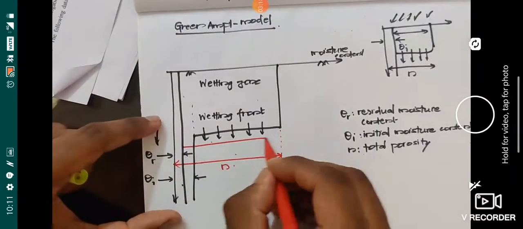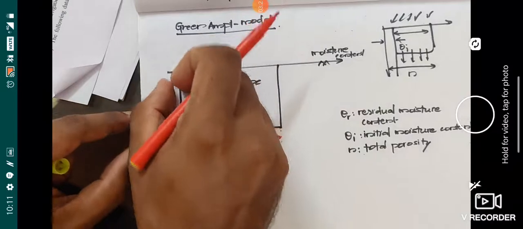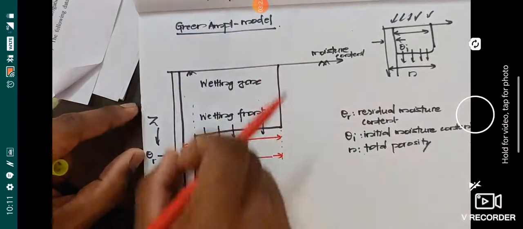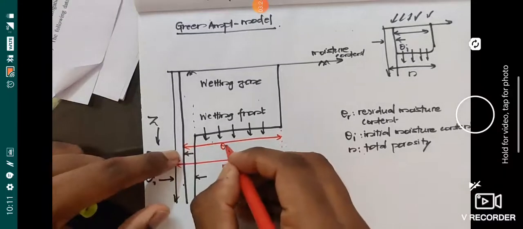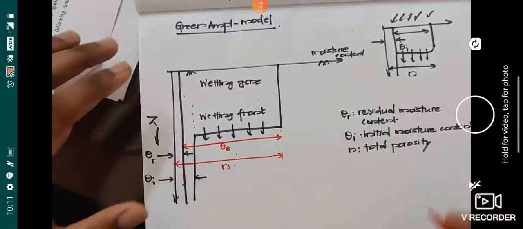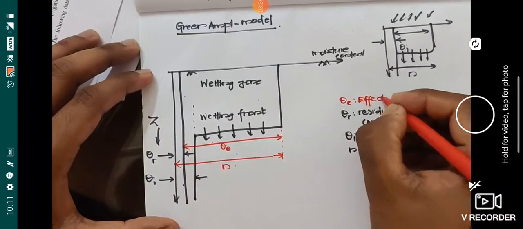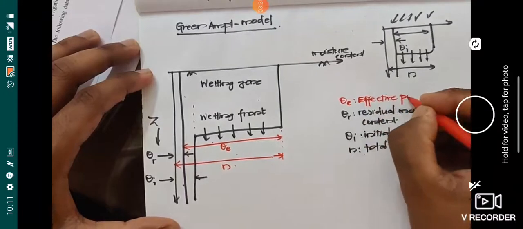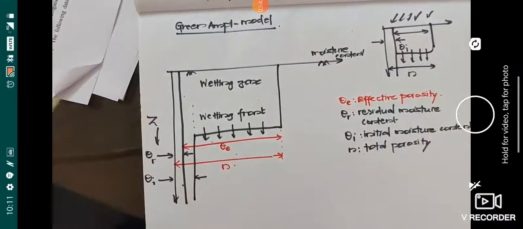Though we remove much of the water, this much portion of the soil will still have some moisture content. Only this much portion can be effectively saturated or effectively given water. That portion is called the effective porosity. So these many terms you have to remember.